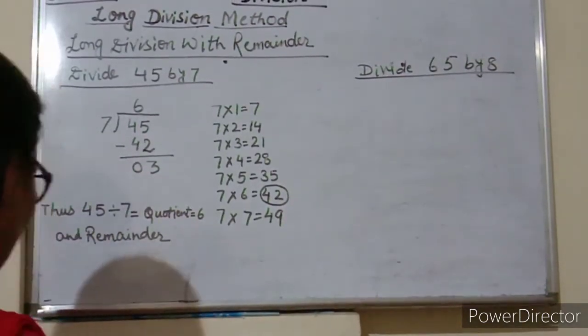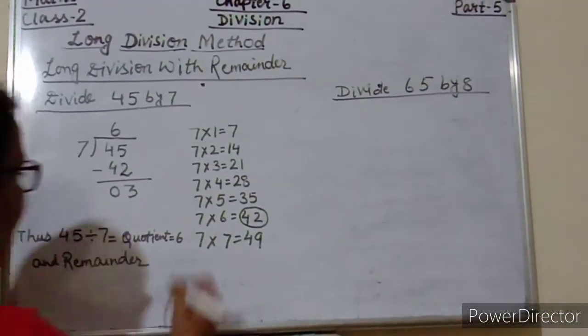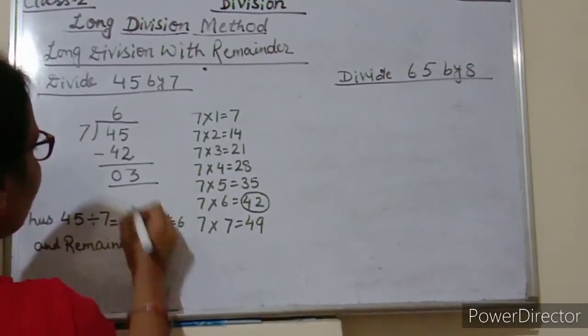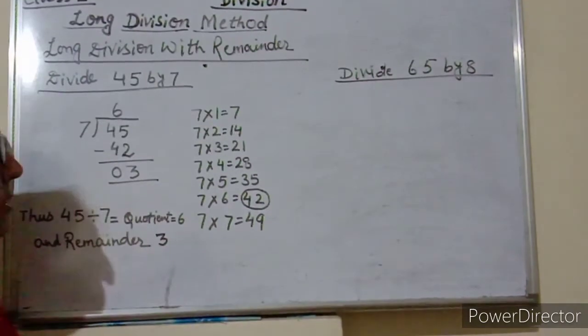Just tell me. Yes, the number remaining after the division is called remainder. So this one is remainder. So what is the remainder here? Yes, 3. So write 3.